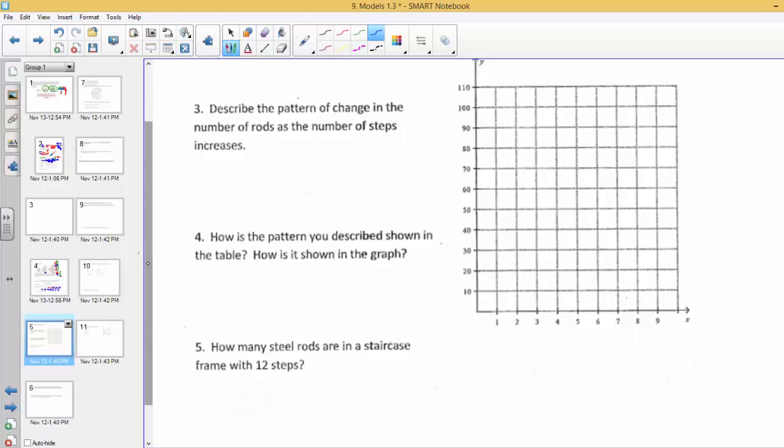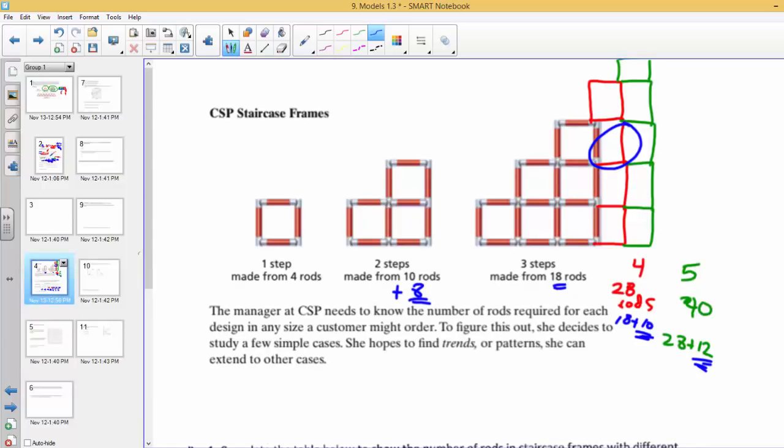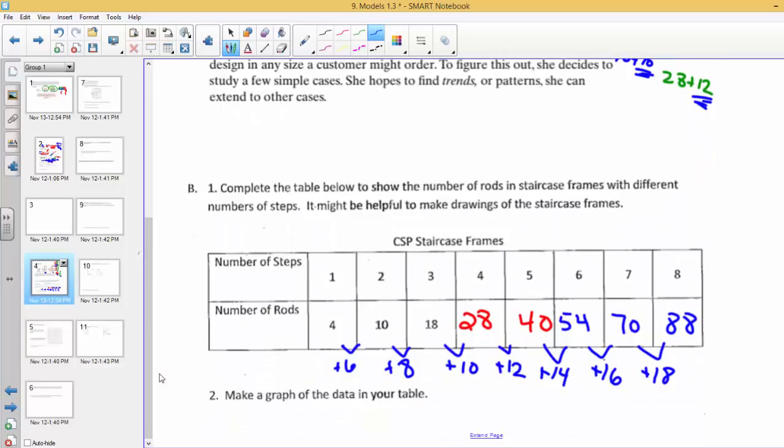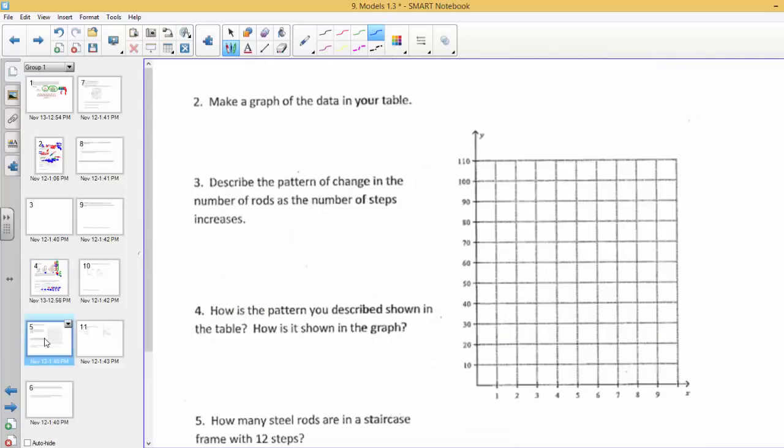So we're now going to plot this. Here, remember this. So we have 4, 10, 18, 28, 40. So 1 gives 4, 2 gives 10, 3 gives 18, 4 gives 28, 5 gives 40.